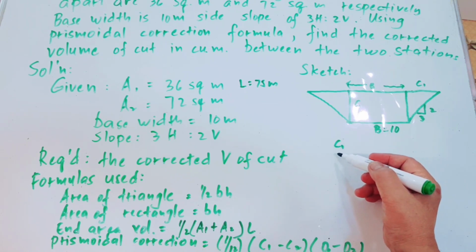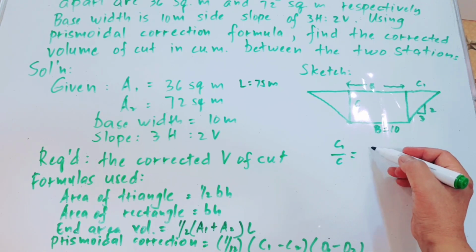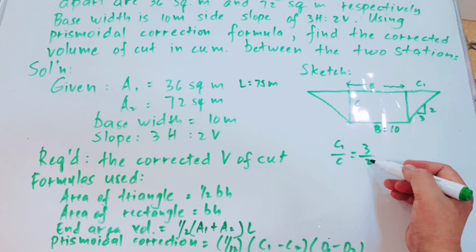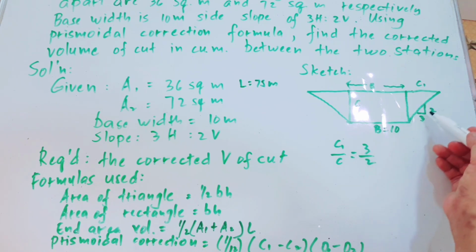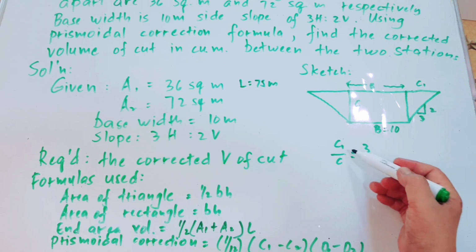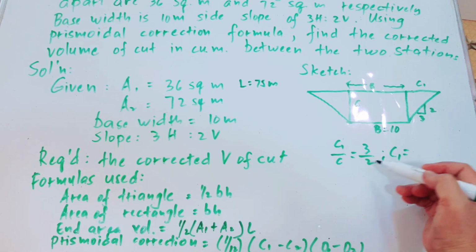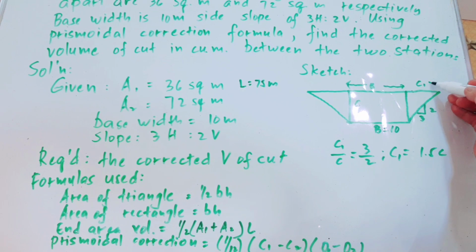C1 is to C equals 3 is to 2. Therefore, cross multiplying, C1 is equal to 1.5 C.